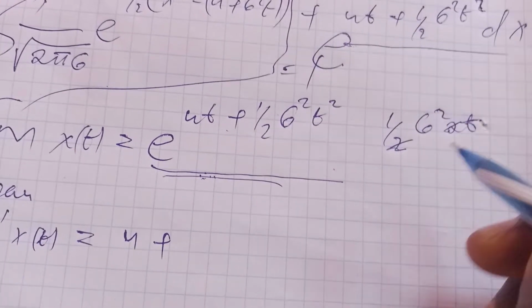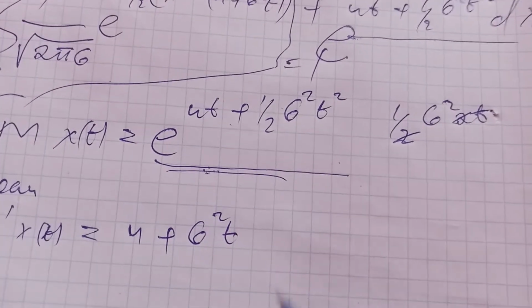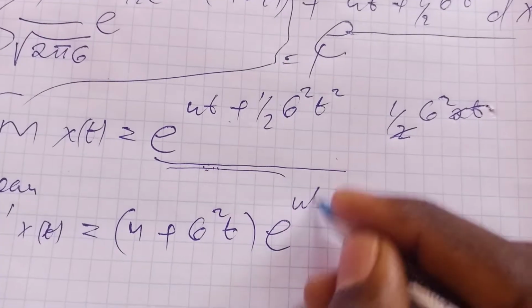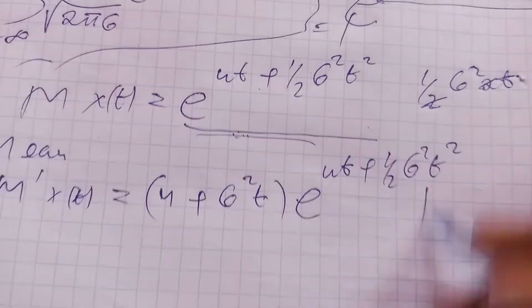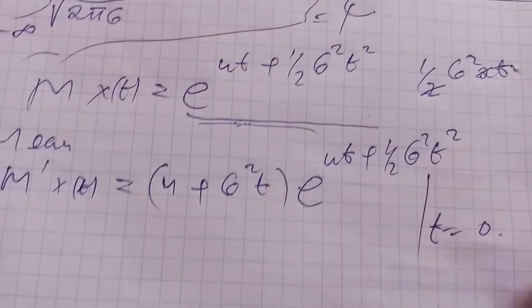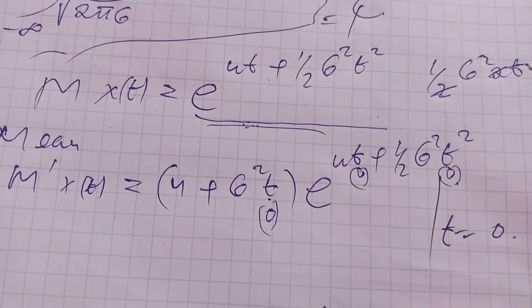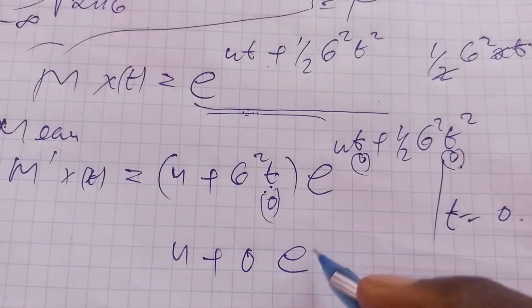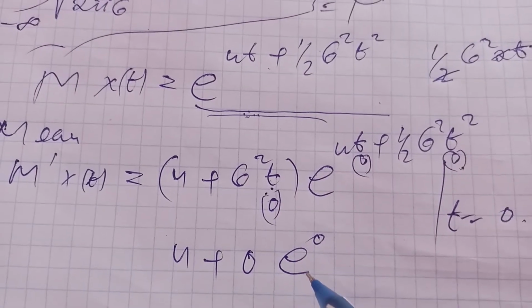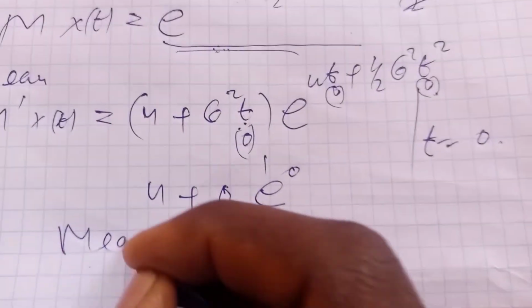These two will cancel, so I'm going to be left with sigma squared t. Then there is the exponential of ut plus half sigma squared t squared. Then we replace t with 0. When we put 0 here, 0 here, 0 here, this will be u plus 0, times the exponential of 0, and you know the exponential of 0 is 1. So I'm going to be left with u. So this is the mean.